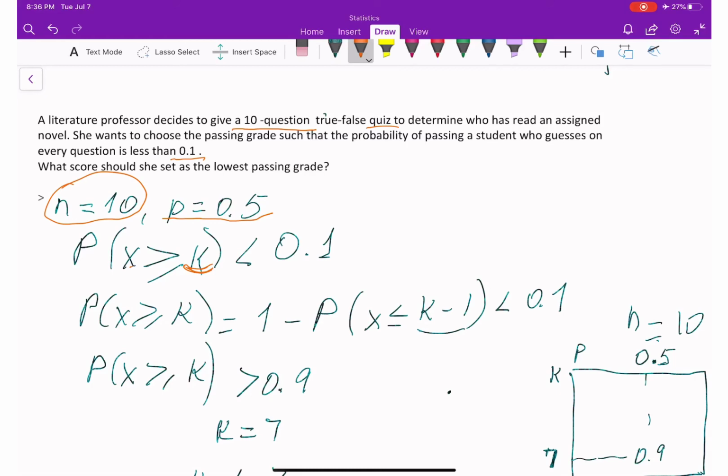So X has to be at least this K, right? And that probability is going to be less than 10%, right here. So less than 10% are going to pass the test, and we need to find what's the passing score here, which in our case is K.